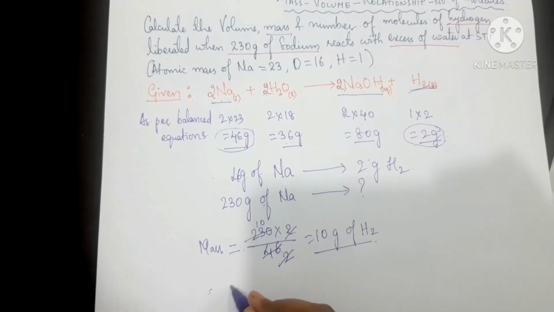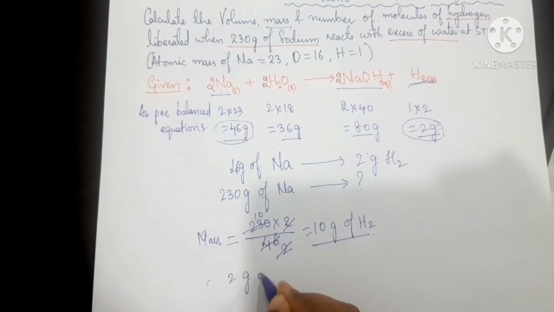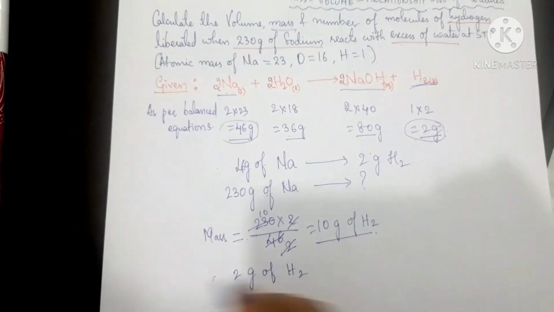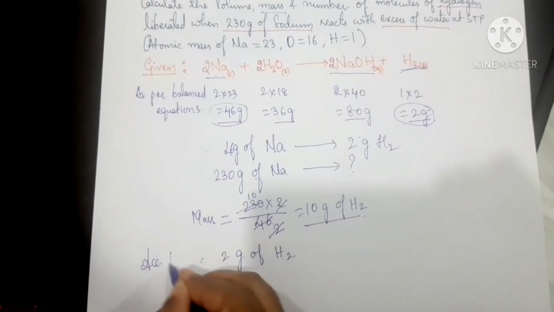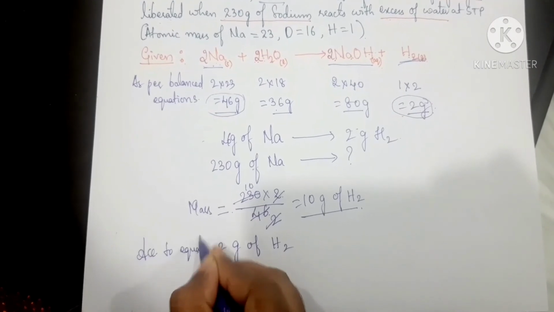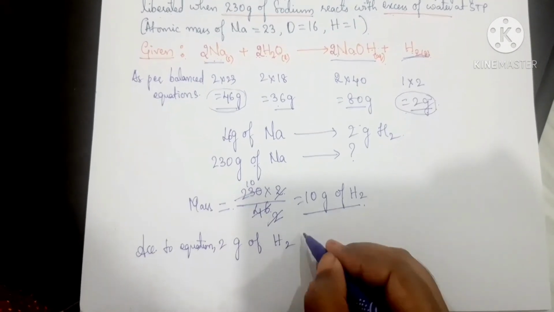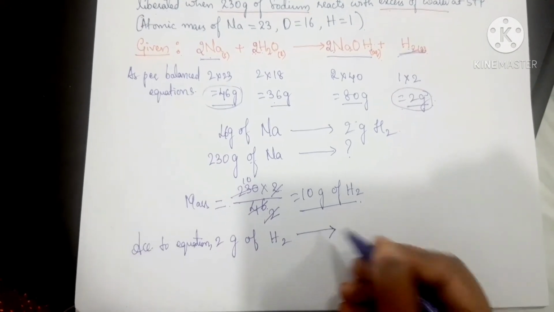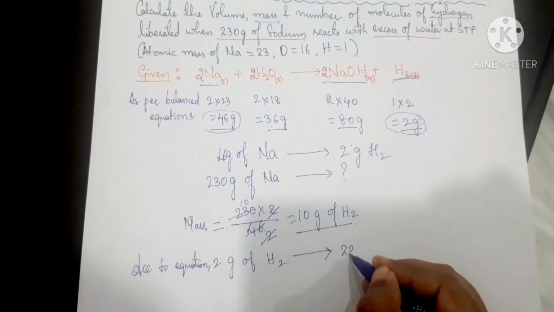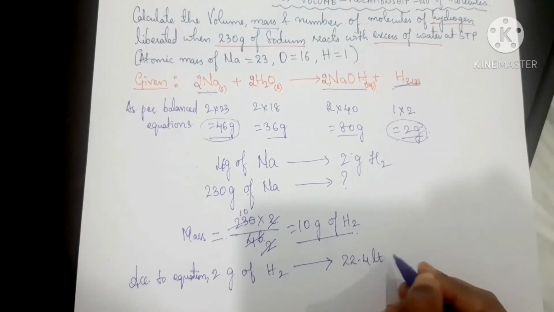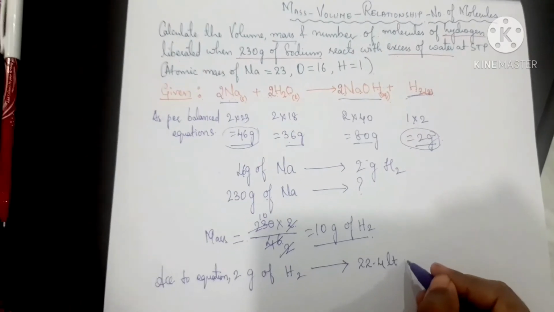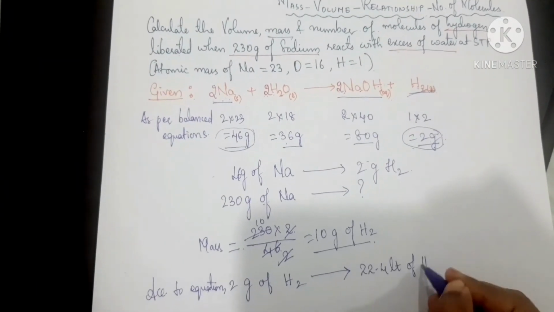So according to the equation, 2 grams of hydrogen requires 22.4 liters, because it is only 1 mole, 22.4 liters of hydrogen gas.